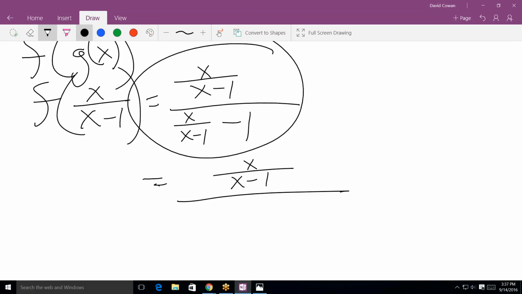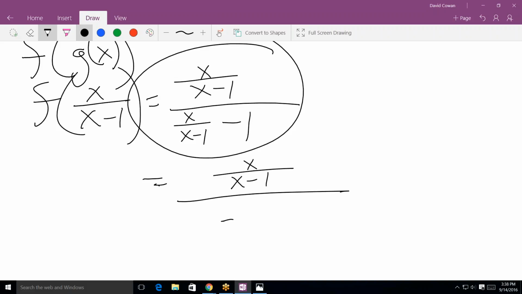And what we have to do with the denominator is turn that into a single rational quotient. So how do you simplify x over x minus 1 minus 1? Can you cross out the x over x minus 1s? No, not yet you can't, because we've got two terms in the denominator. We have to turn that into one term.